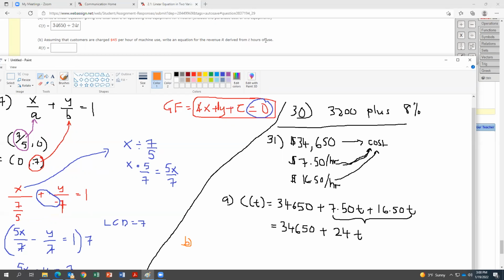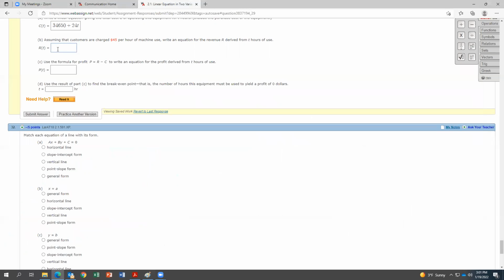Because t in this case is hours, can someone tell me how you write 45 per hour in terms of t? So in this case, it will be 45t. So avoid using parentheses.